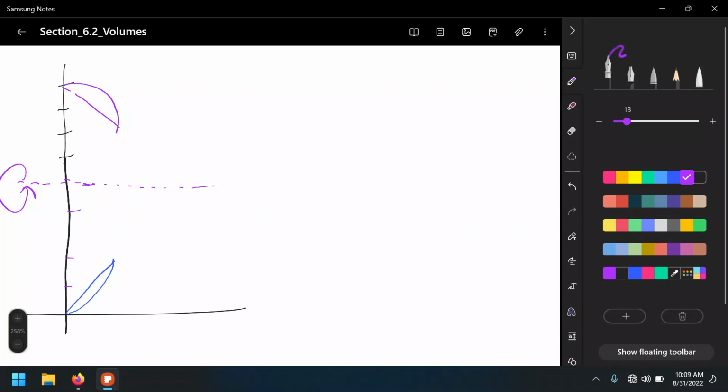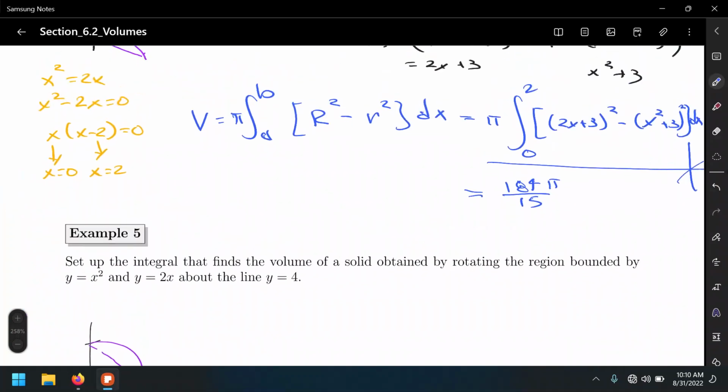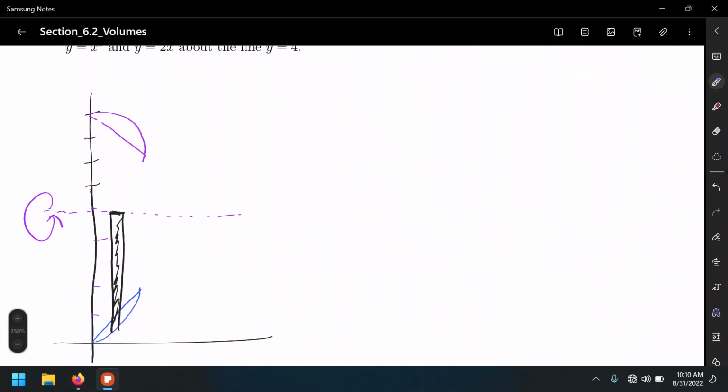So everything will go from the axis of rotation to the region. From the axis of rotation, we are again going to have an outermost radius and an innermost radius. The outermost radius will be the parabola, because that's where the points in the outermost region are, and the innermost will be the line. So we're going to have a similar approach in here.